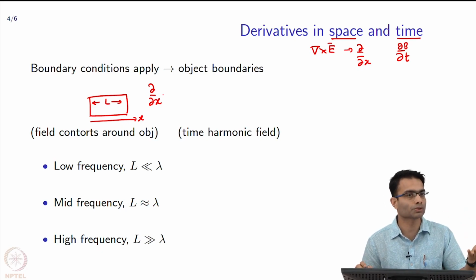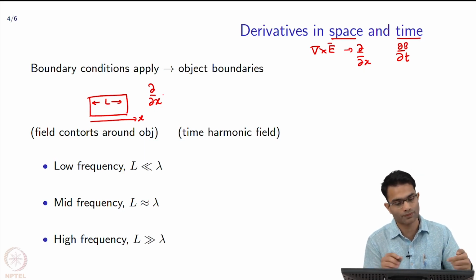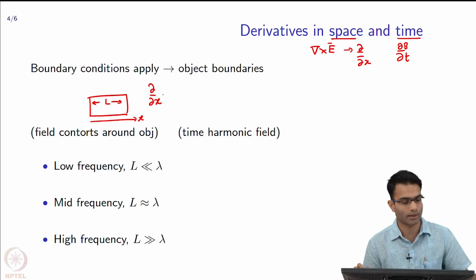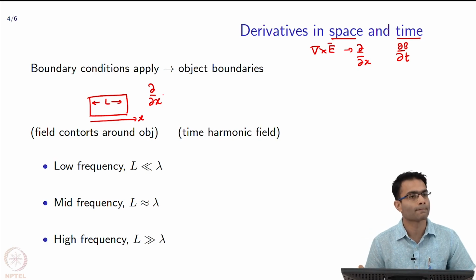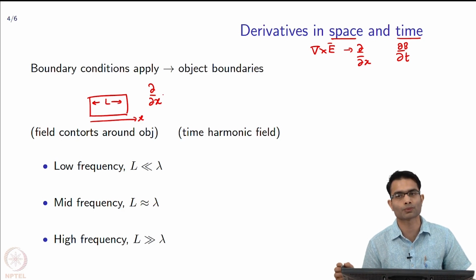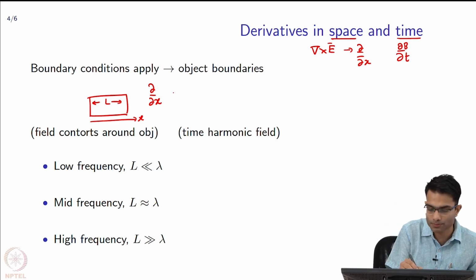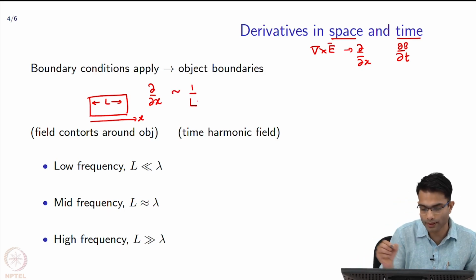Should it be proportional to L or inversely proportional to L? I am asking about the rate of change of the field along x. What is your intuitive understanding? If you had two choices, proportional to L or proportional to 1 by L, what would you think? Proportional to 1 by L. Why?